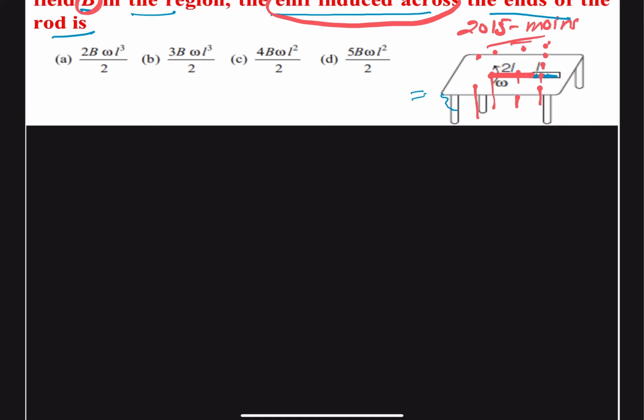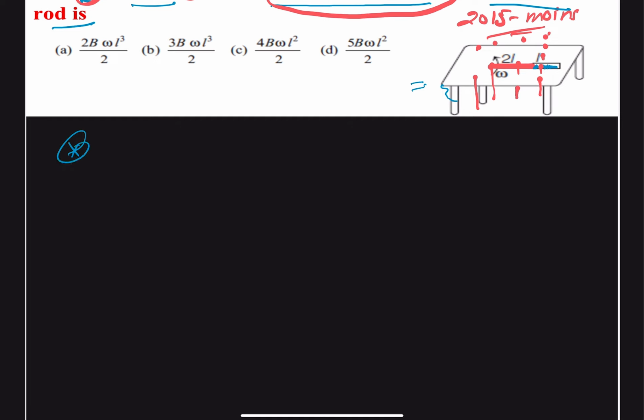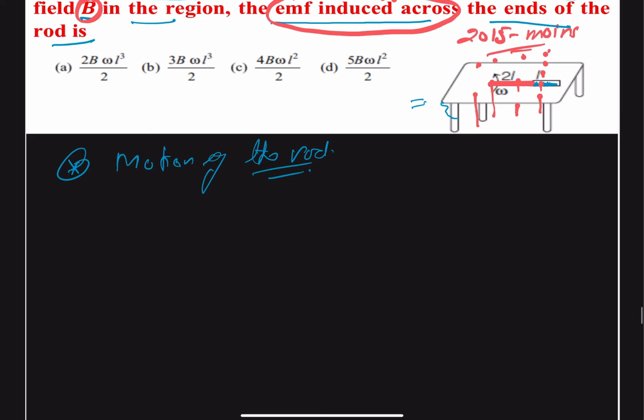Okay. So if we consider the motion of the rod, from here we can also see that its length is L. So at any particular instant, one end of this rod from the center will be at a distance of 2L, and the other end will be at a distance of 3L.